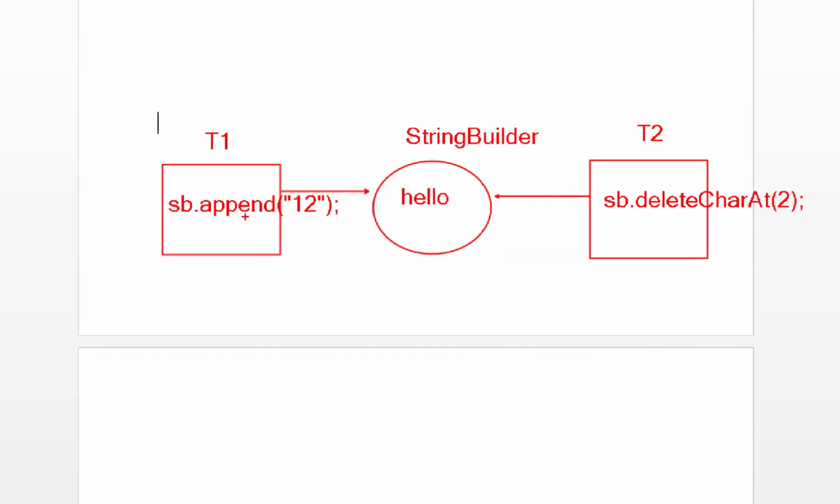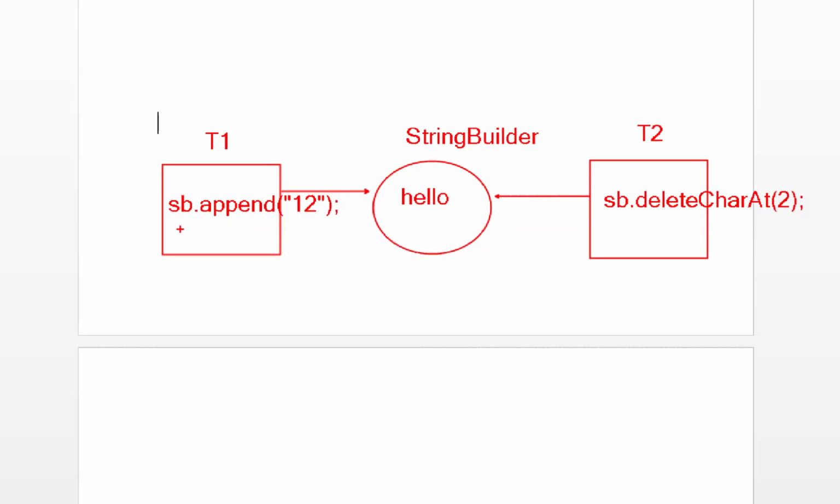Tell me, guys, concurrently, exactly at the same time, thread 1 is appending the value 1, 2 and thread 2 is deleting the character at index 2. Did you get my point? What is the value in string builder? Hello. Tell me what thread 1 is expecting. Hello 1, 2.